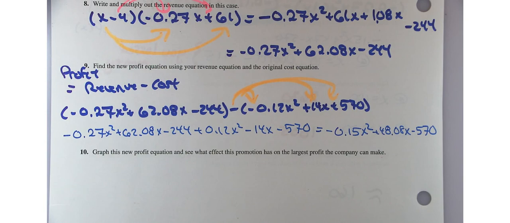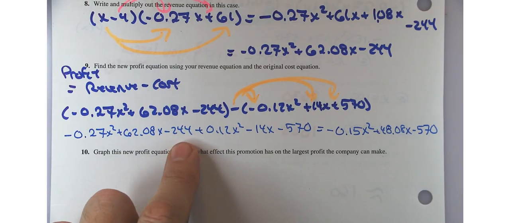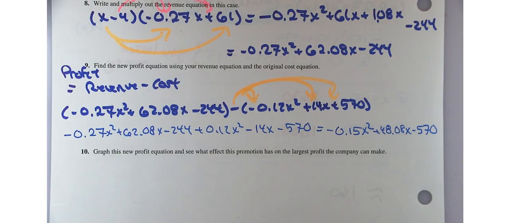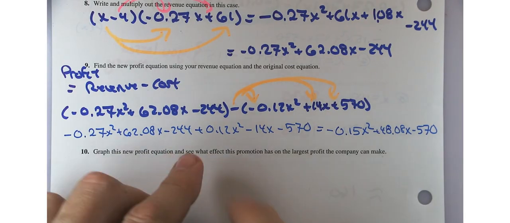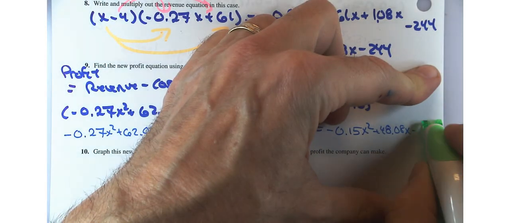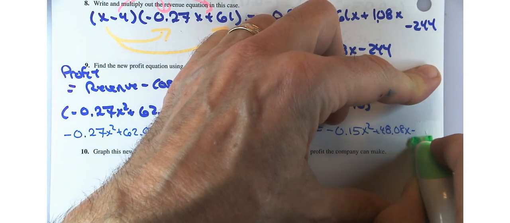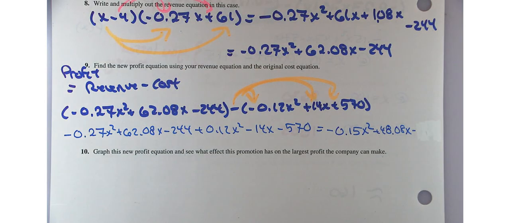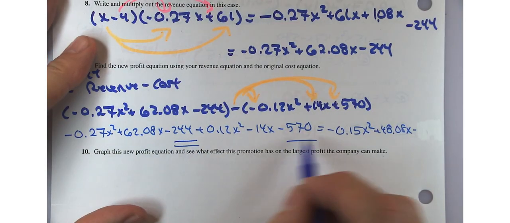Oh, yeah, I forgot that. Thank you. So 570 and 244, they give me 814. So I forgot, we got another like term, minus 814. Yeah, we got like terms here and here.